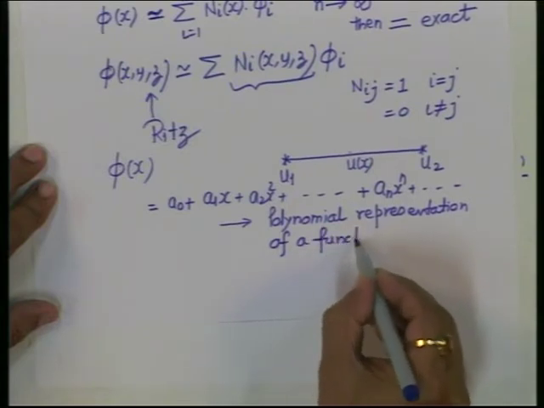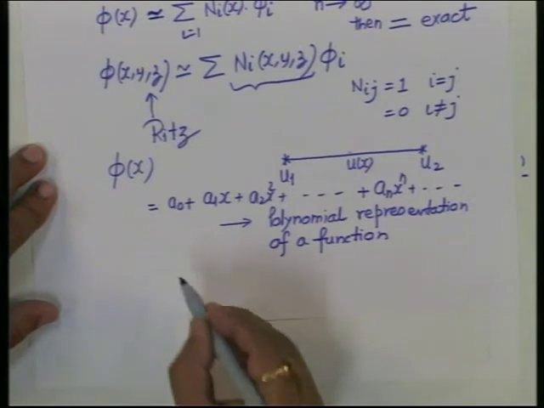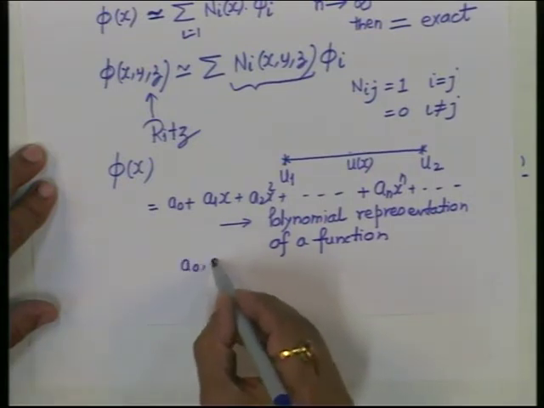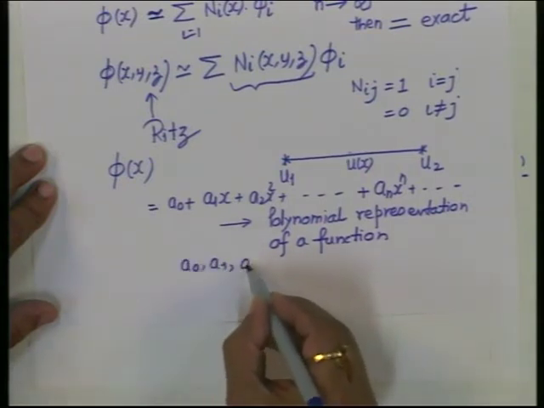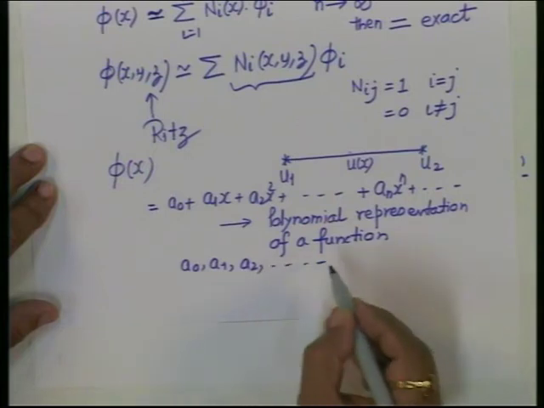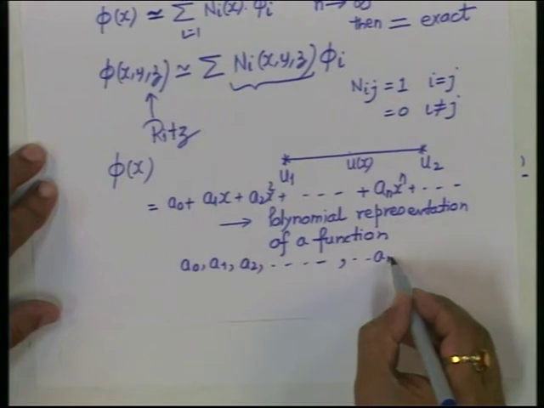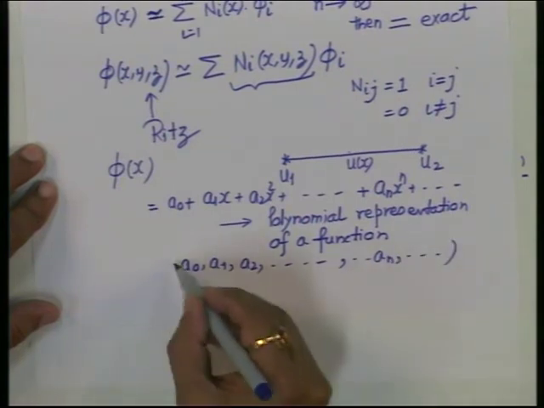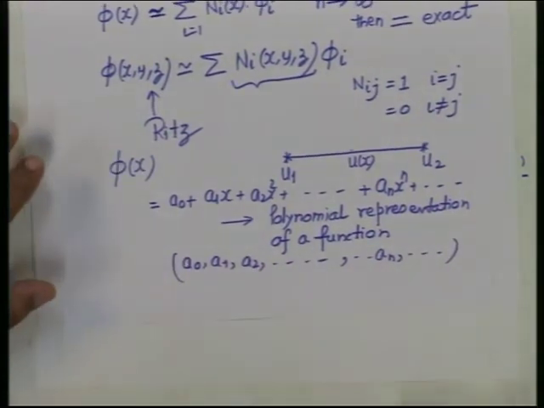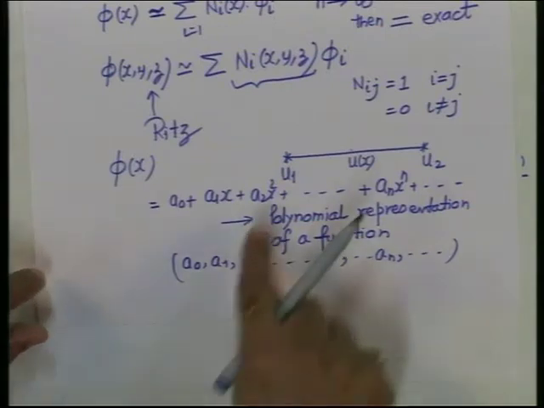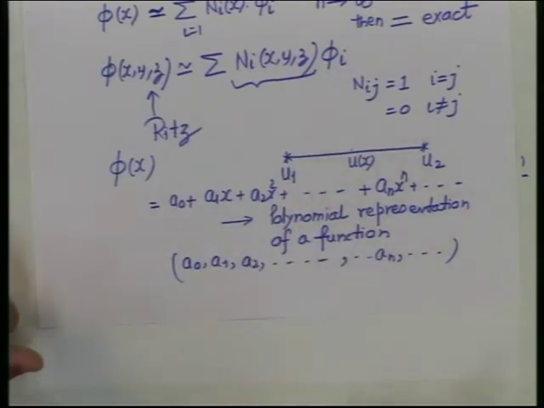But here all these a0, a1 have no relationship with nodal quantities. There is no relationship of these coefficients of polynomial, x, x square, x cube coefficients, but they are undetermined coefficients. They are general coefficients.